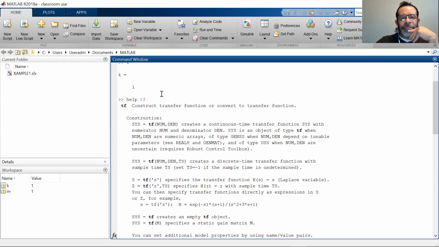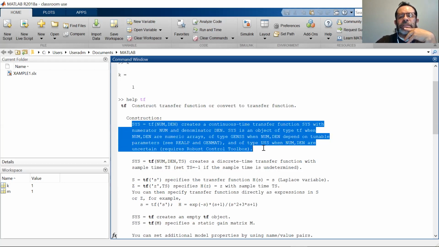And so MATLAB is object oriented and the functions are polymorphic. So what does that mean? It means that the functions can take on different versions according to how I give it the parameters. So there's many ways in which I can create a transfer function using TF.